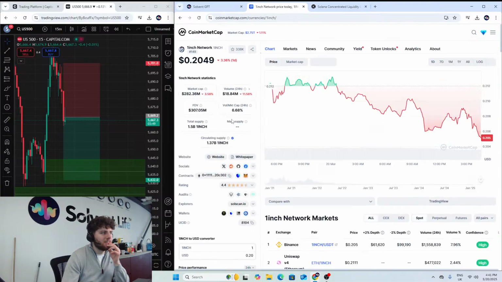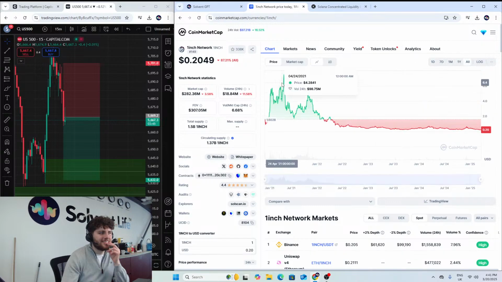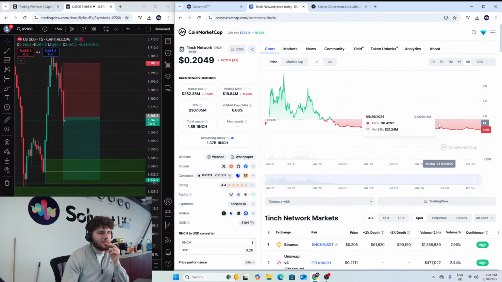One-inch network. So peaked in 2021. Looks like absolutely no movement whatsoever here in 2024.